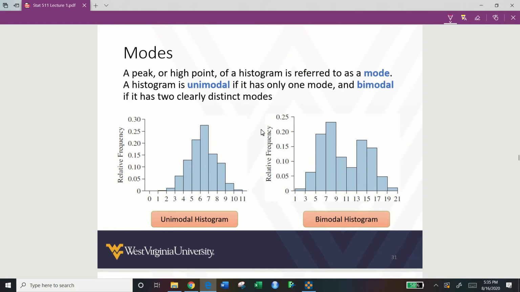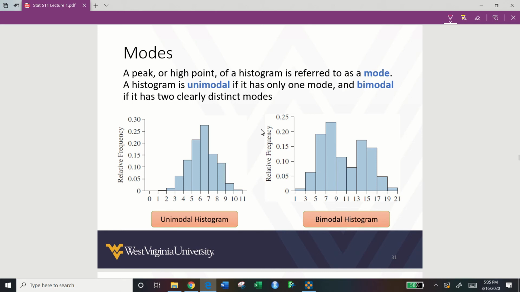Next, we concern ourselves with modes. Now, I know you guys are thinking modes in the sense of a measure of central tendency that's been used, where you want to think about numbers that repeat in a data set. Usually the mode is the number that occurs the most. Well, in a histogram, it is still numbers that occur the most, but this is in the visual sense.